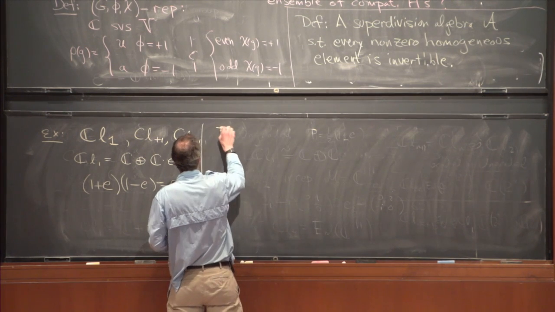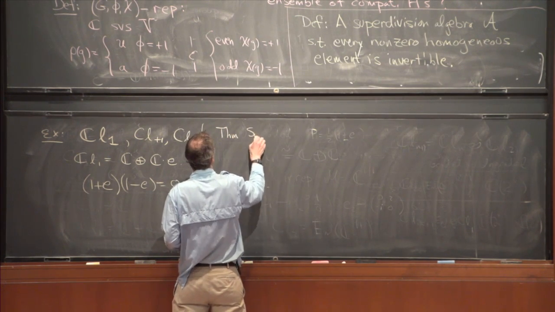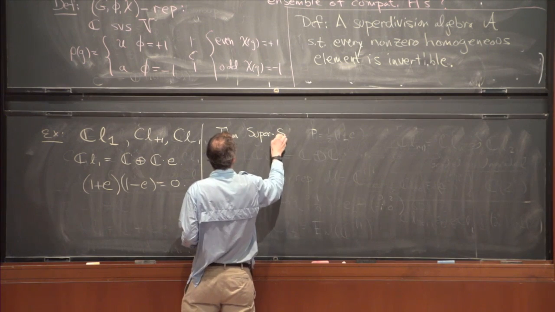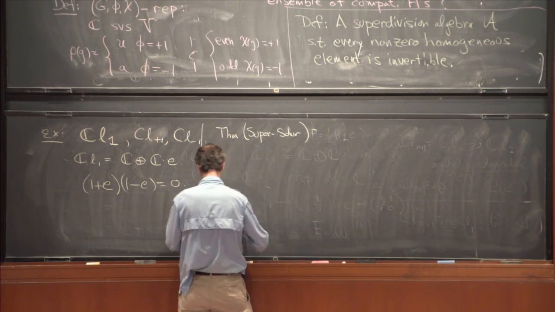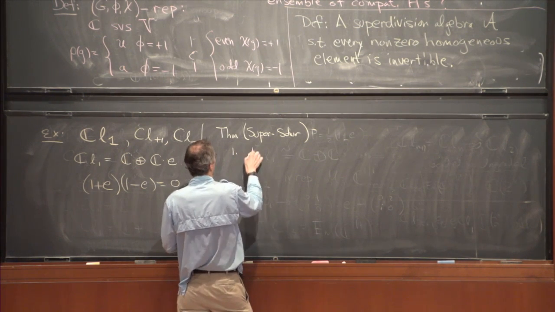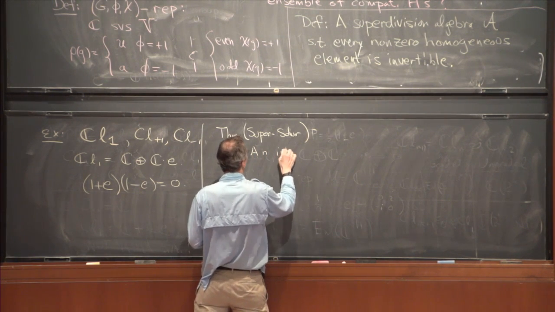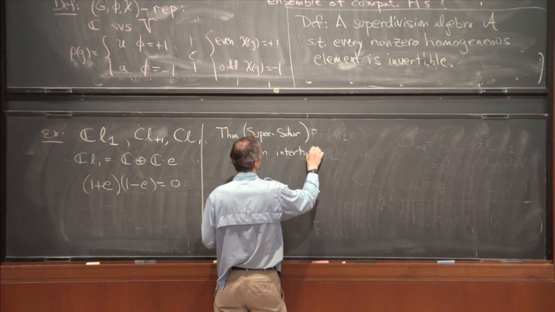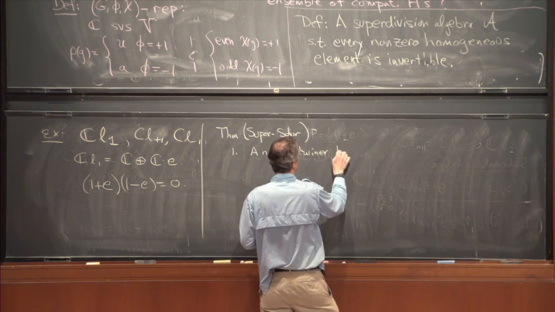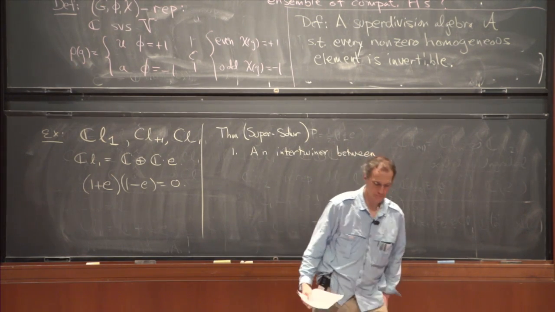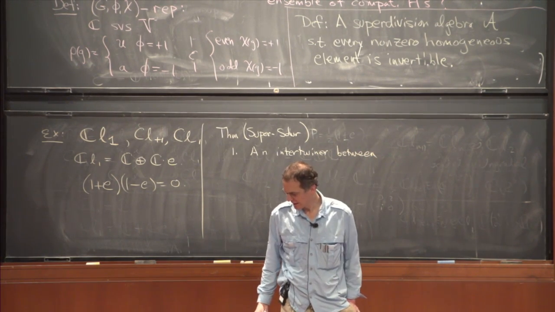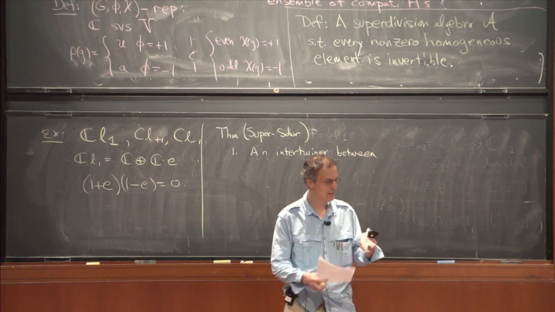Now, the next step was to look at Schur's lemma. So we have super Schur's lemma. So an intertwiner between, that means we're almost at the end.